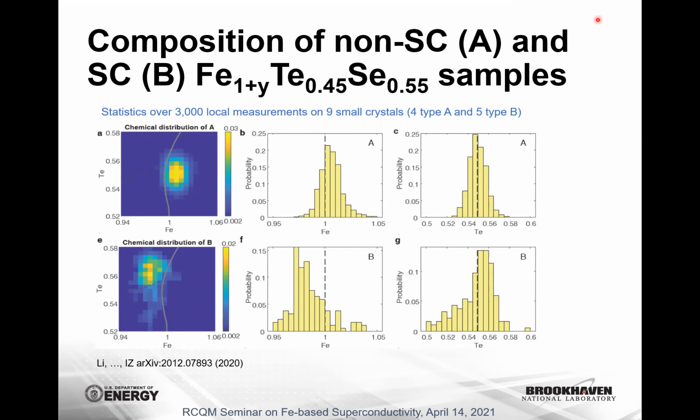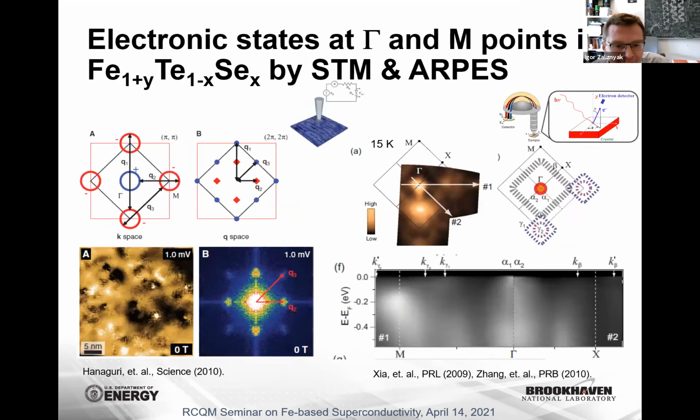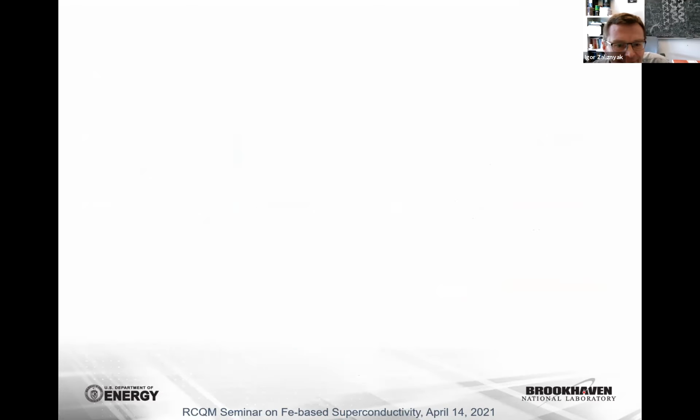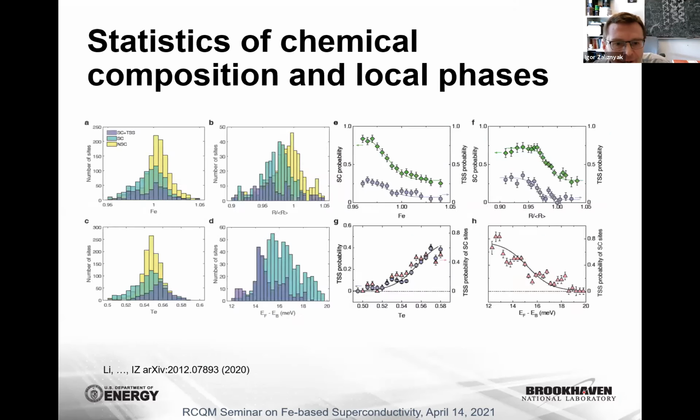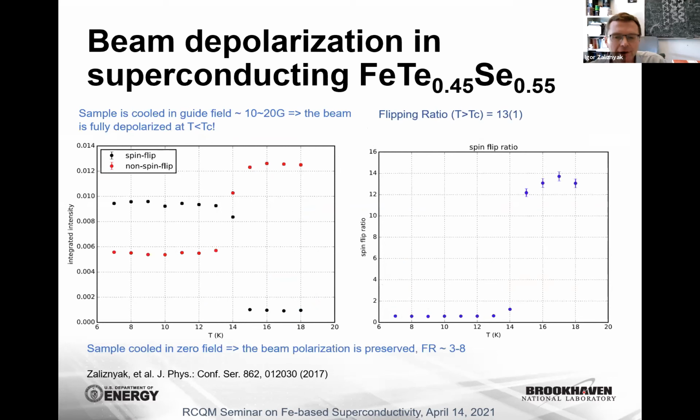Heat capacity would be another method, huh? Yes. Oh, you know what? I can show you something. Here it is. This is a neutron scattering measurement of a magnetic field trapped in a sample upon cooling.